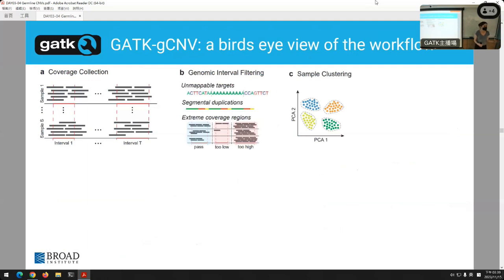But also, your quality of CNV calls will be better if you group together samples that have similar characteristics. So this is both for scaling and for improvement of the quality of the output.